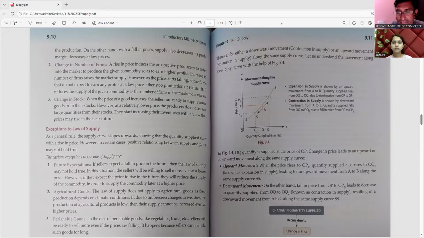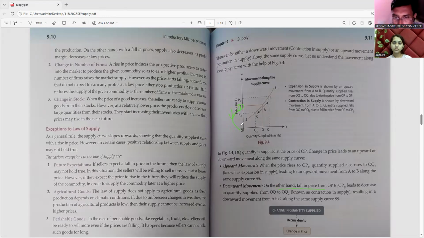Understood? In which case does it go to the upward side? Yeah. Now, in which case does it go to the downward side? See, here is the price OP, right? On the other hand, fall in price.